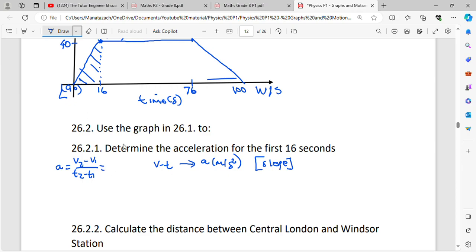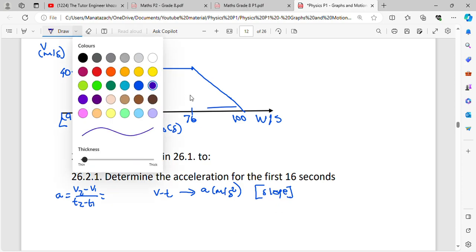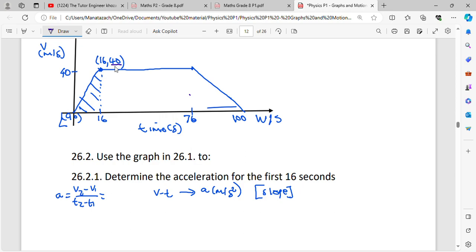So v2, we know that it's 40, and v1 is 0. So here we'll say 40 minus 0 divided by 16 minus 0.